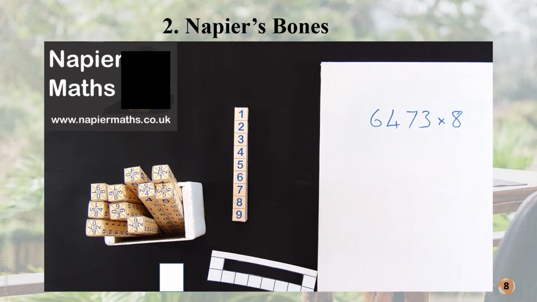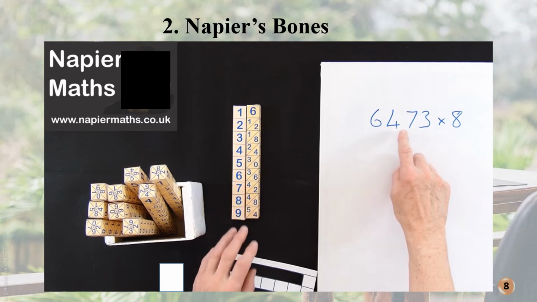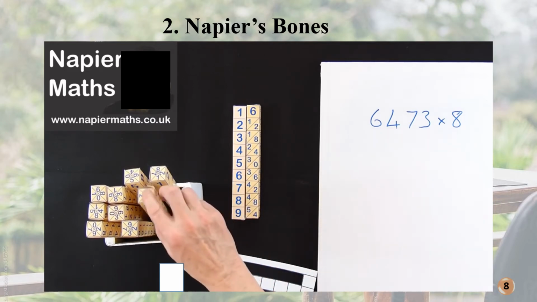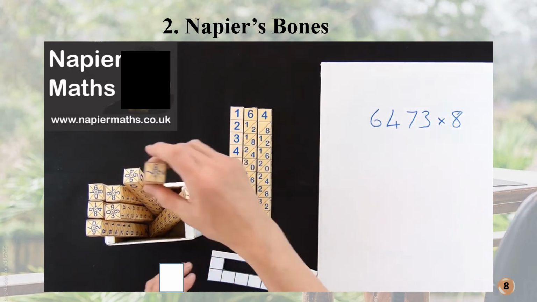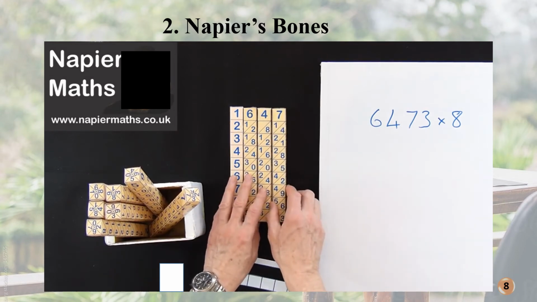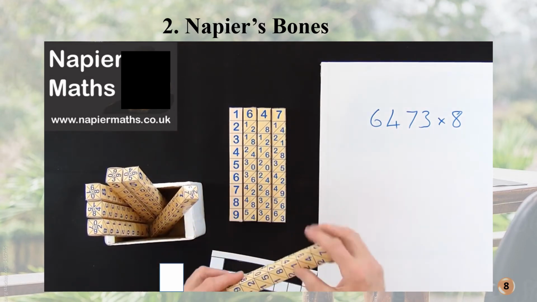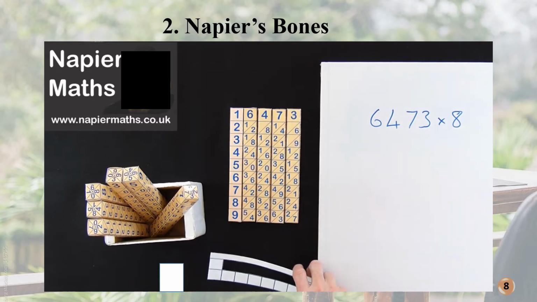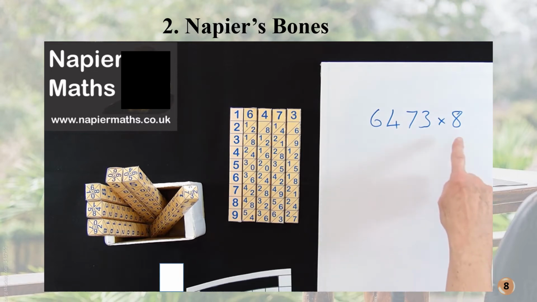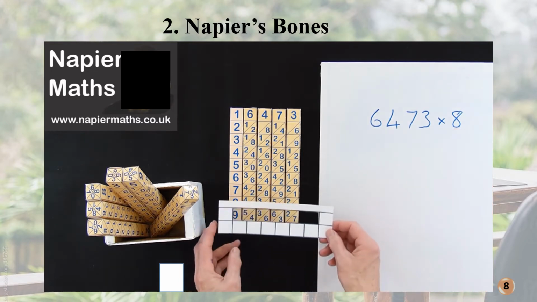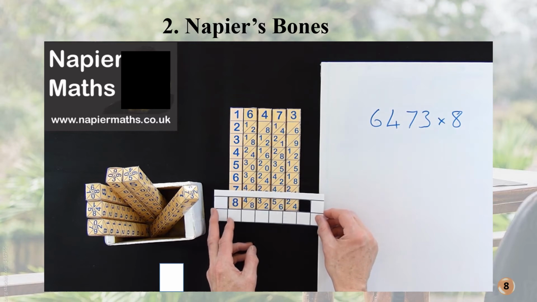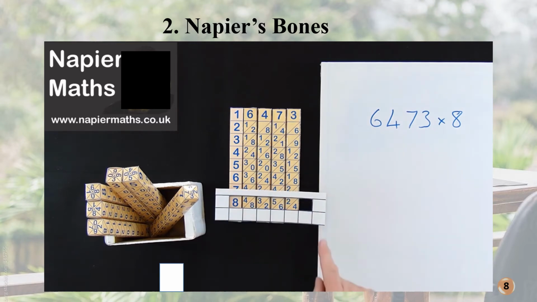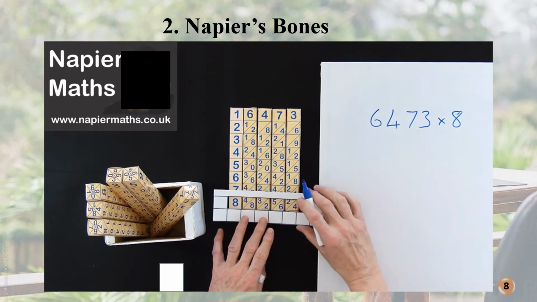Now we'll take the bones out. We need a 6, and then a 4, a 7 and a 3. All we need to do now is take our answer grid, and we're multiplying by 8, so we put it on at 8. Then we move down the diagonals and we get our answer. There's only 1 in the first bit there.